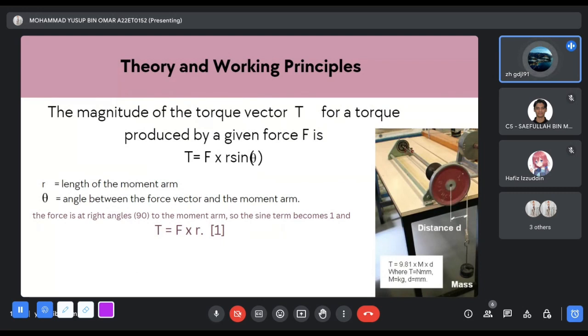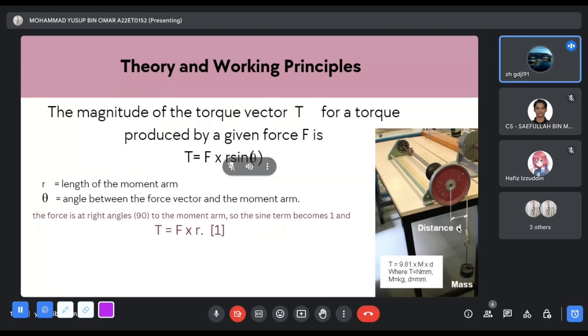The magnitude of the torque vector for a torque produced by a given force is torque equals force multiplied by the sine of the angle between the force vector and the moment arm, and by the length of the moment arm.